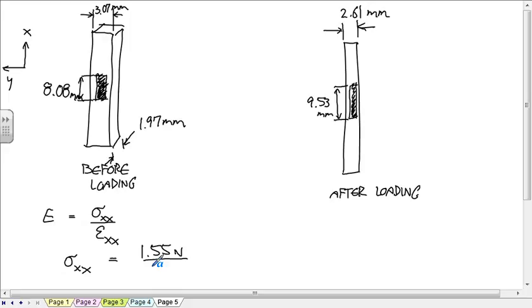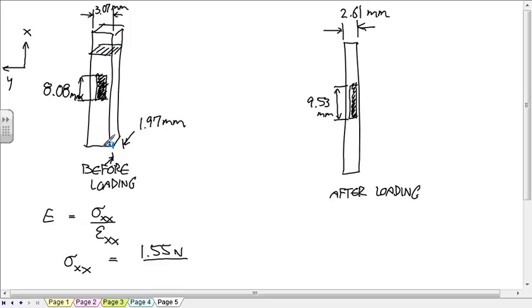So 0.00307 times 0.00197 meters. That's the cross-sectional area of the cross-section, like a cross-section like this, while the force is going up and down.